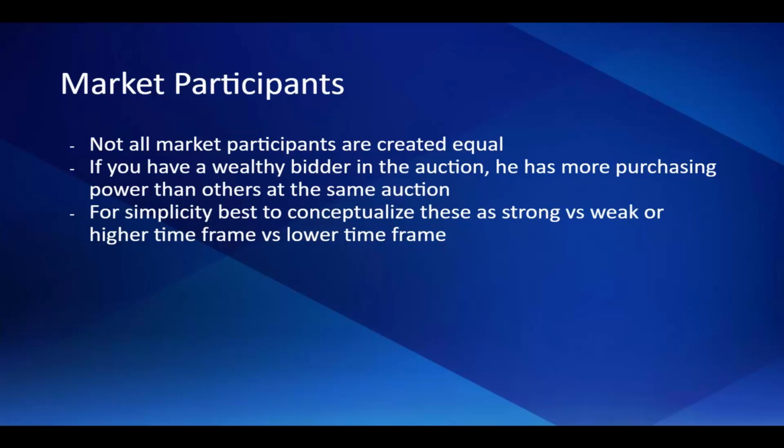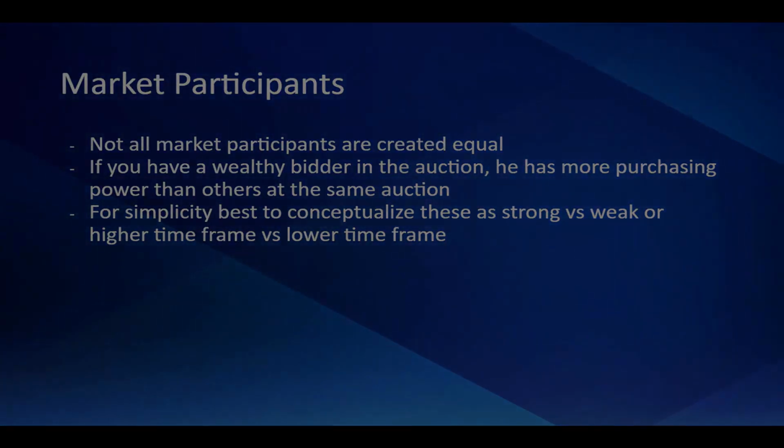So when we're thinking about the marketplace, it's important to think that there are participants in the marketplace that are stronger, that have more purchasing power, that are calmer, and there are market participants that are shakier, don't have as much purchasing power, are feeling pressure in certain ways. So there are emotions occurring in the marketplace and in the auctioning process as it unfolds. And that's important to consider when we're talking about absorption.